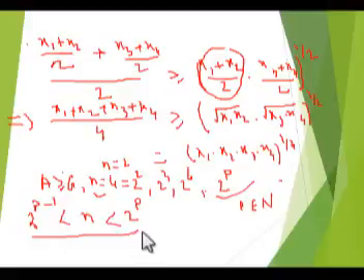So what will we do for this? We take that n belongs to 2 to the power p minus 1 less than n less than 2 to the power p.